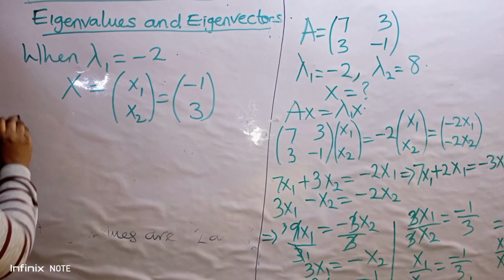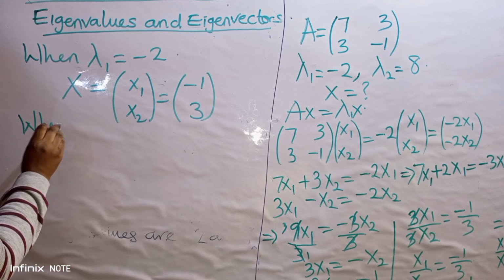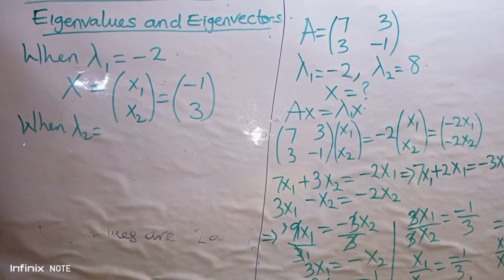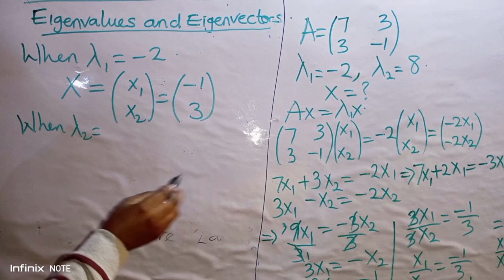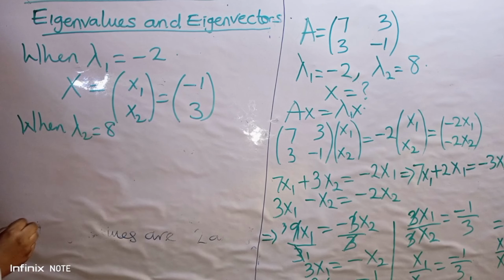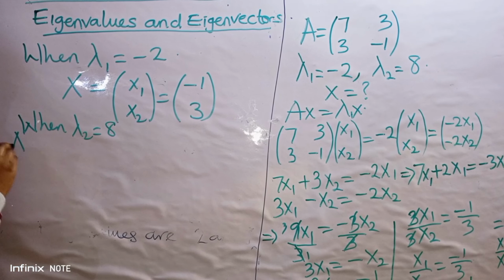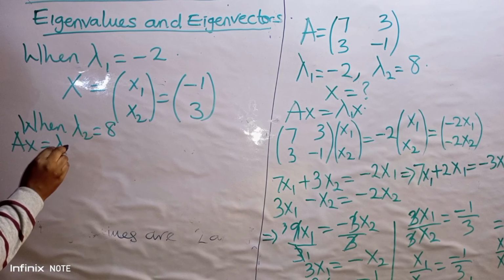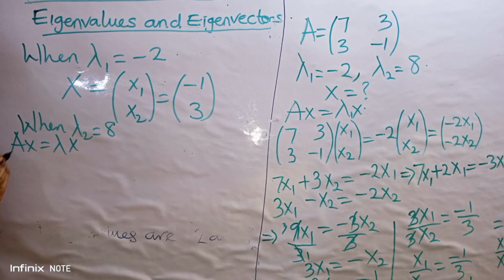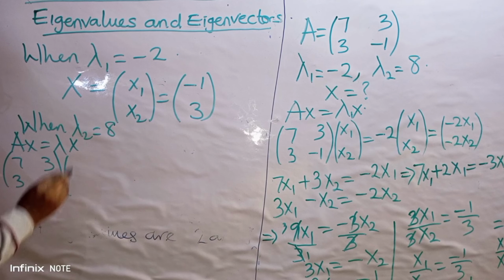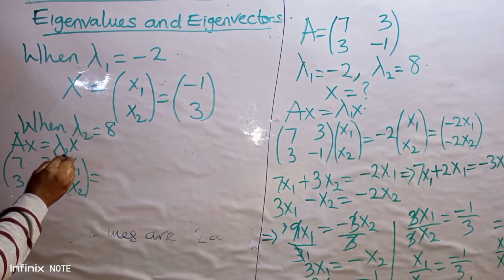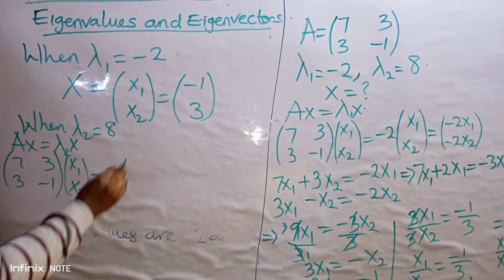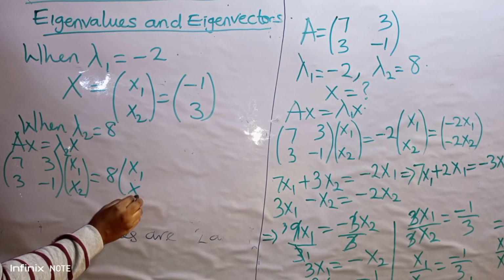So now, when lambda 2 is equal to what? Lambda 2 is 8. Let's see what happens. So I have ax is equal to lambda x. So this will be 7, 3, 3, minus 1, times x1, x2, is equal to, anywhere I see this lambda, I'm going to put 8, then x1, x2.